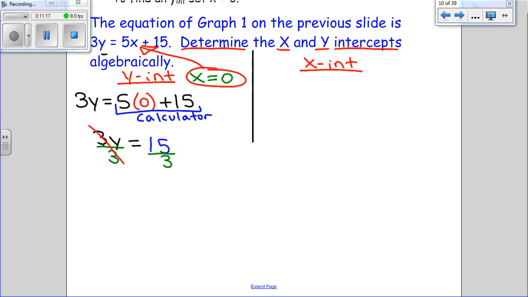And I'm left with y equals 15 divided by 3 is 5. That means my y-intercept is at 0, 5. That's how you can algebraically determine x and y-intercepts. That was our example for y-intercept, which is a little easier than our example for x-intercept. Anybody have any questions about how I got that y-intercept?